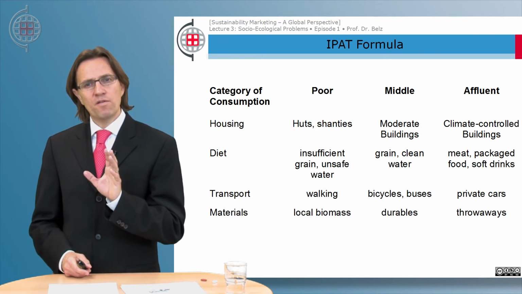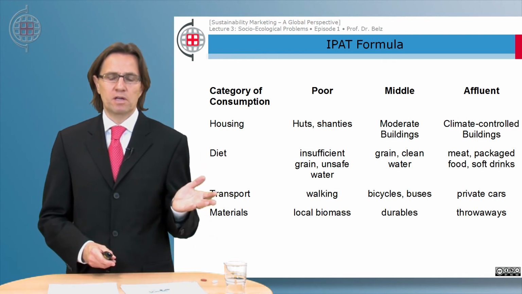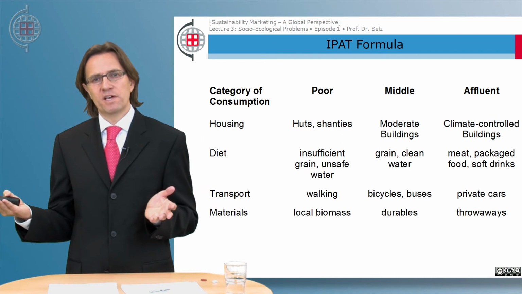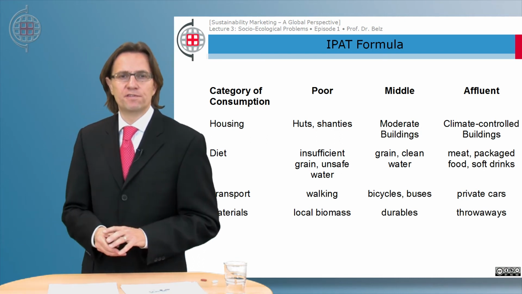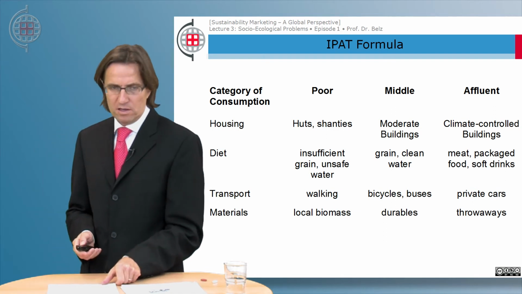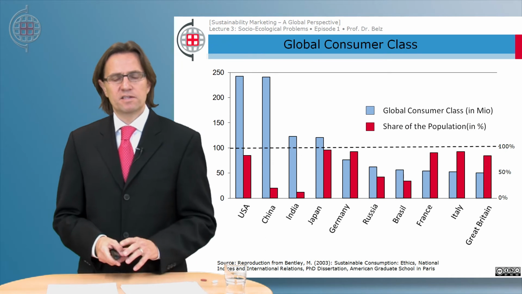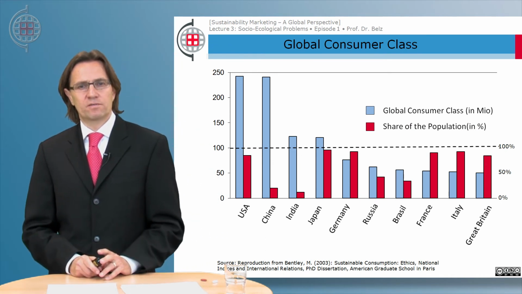Roughly 1/5 of the population belongs to the poor and 1/5 to the affluent consumer class, and about 3/5 to the middle consumer class. You can see in the following chart that there are vast differences.